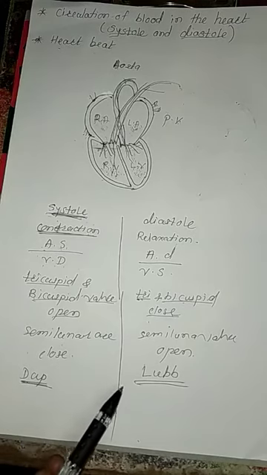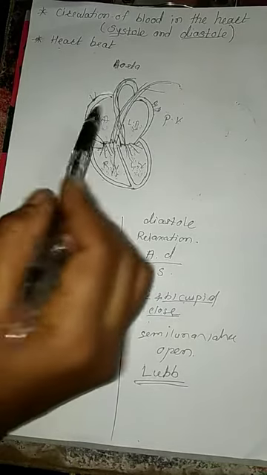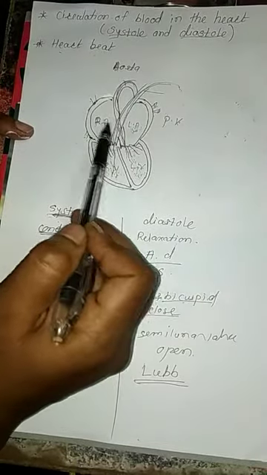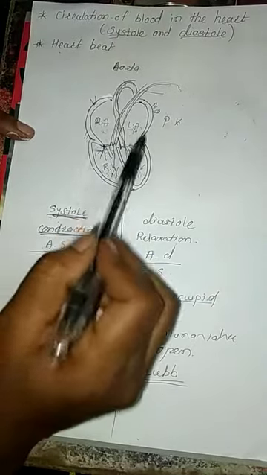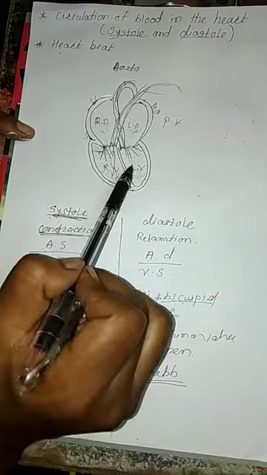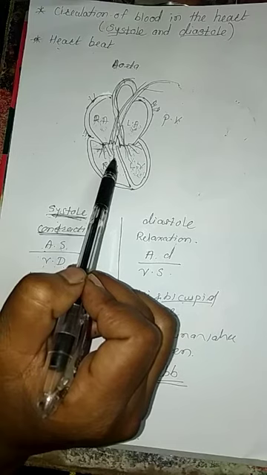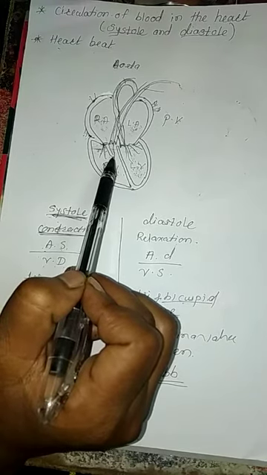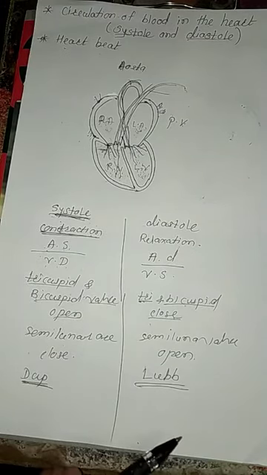What is meant by one heartbeat? It means systole of the auricles, systole of the ventricles, and relaxation of all four chambers. This is called one heartbeat, and it requires 0.85 second. Everybody knows that our heart beats 72 times in a minute.